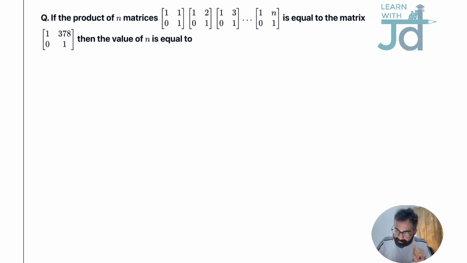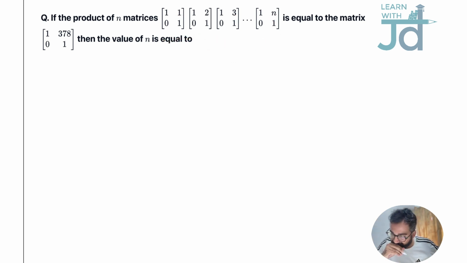Now यहाँ पे the product of n matrices is given. So there are n matrices like this, and you know there are n matrices because if you observe this element, these three elements are same everywhere. क्या change हो रहा है? 1 2 3 कितने कहाँ तक जा रहा है? n तक जा रहा है. तो obviously total number of elements are n terms.